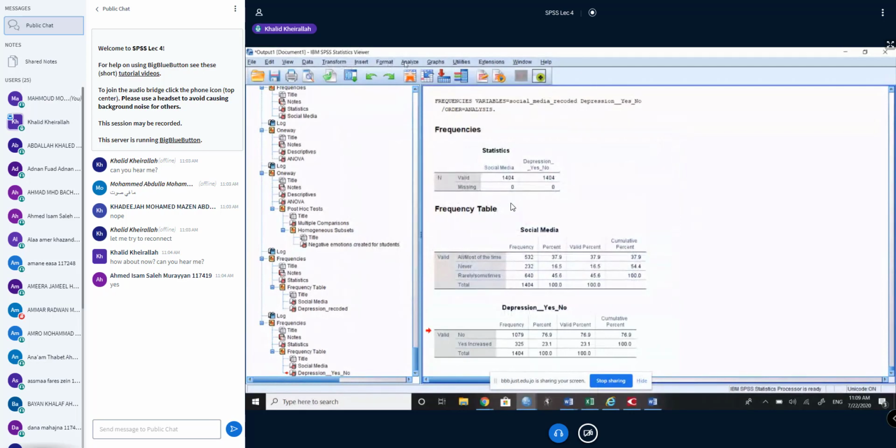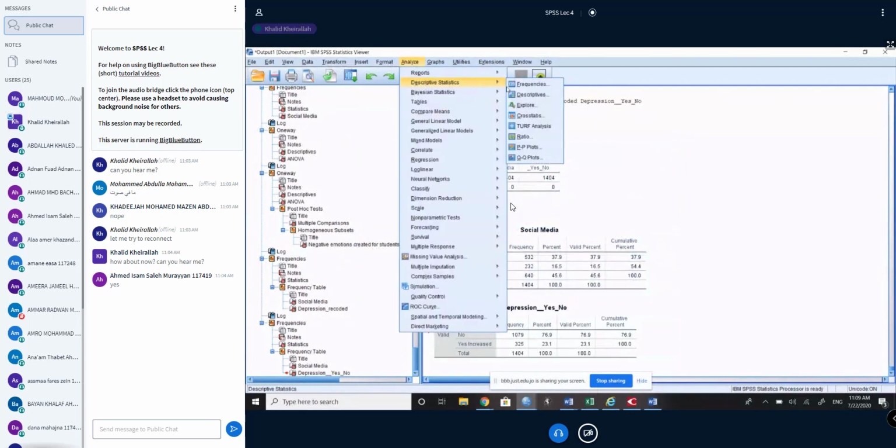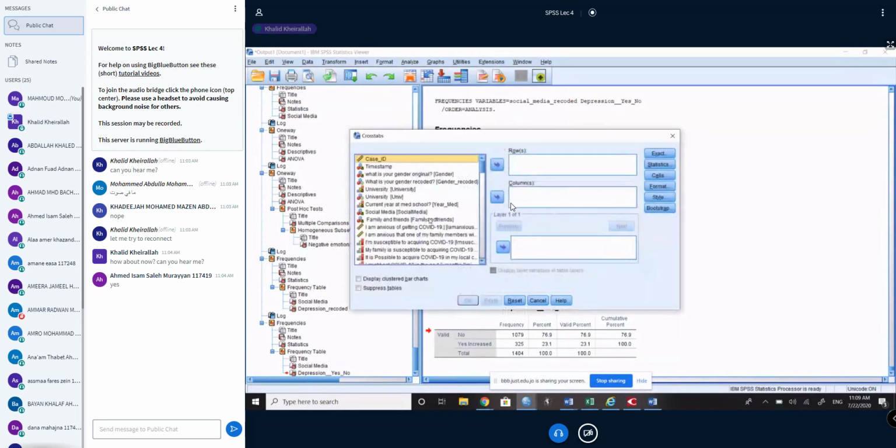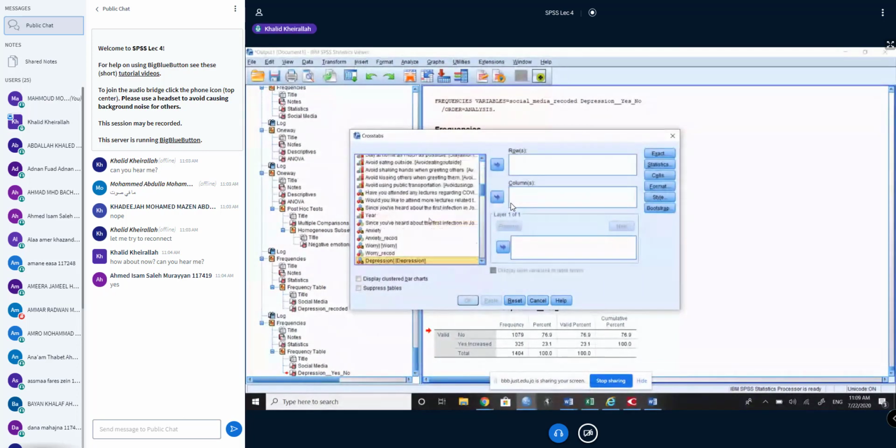We do a cross tab between depression. If you click D depression recoded, it's D depression yes no, and this is going to be the outcome variable.